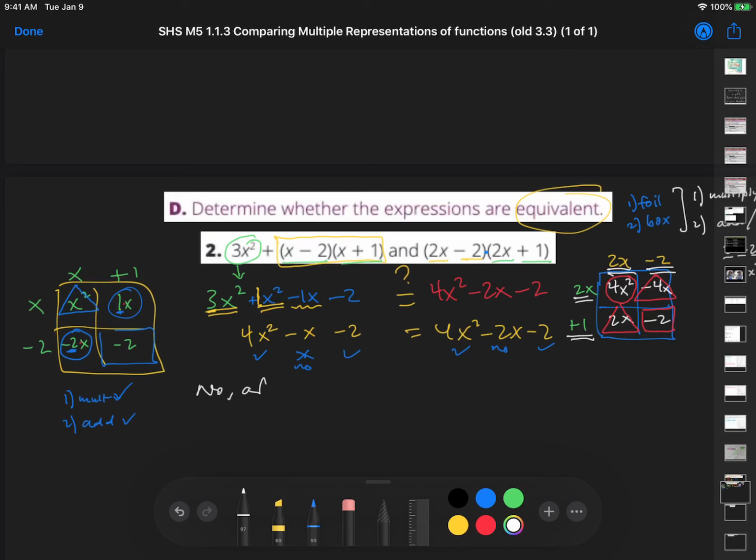No, after simplifying, these expressions are not equivalent. Okay?